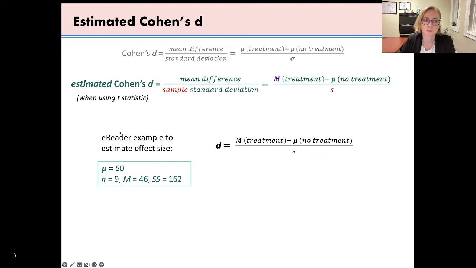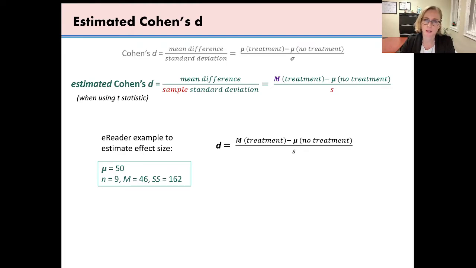So for example, talk about that example we did in class: if you read off of your e-reader at night in bed, is that going to affect alertness the next day? We had gone through the hypothesis test, and I think we actually rejected the null hypothesis that your alertness levels drop if you're doing this.